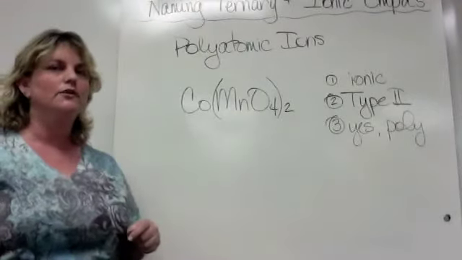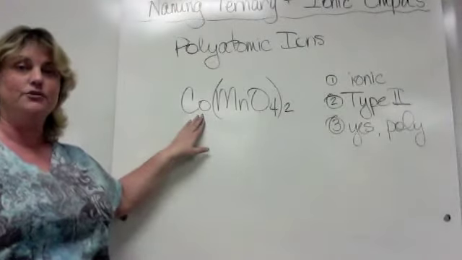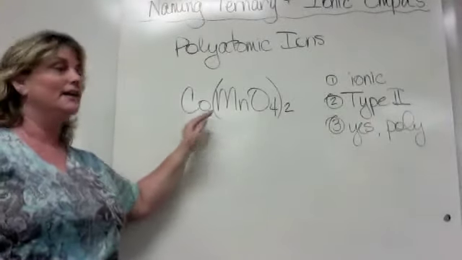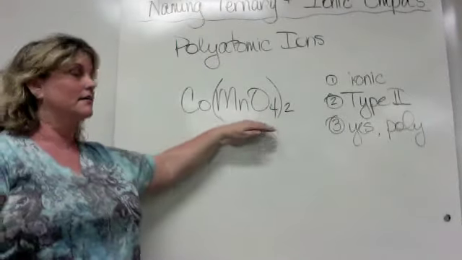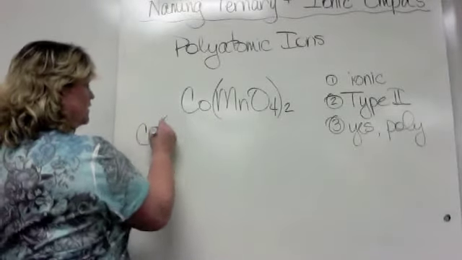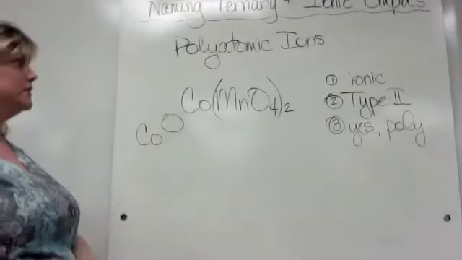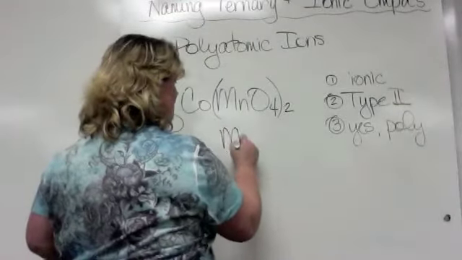We also know where to look for our charges, because remember, I can't name this guy until I know the charge. And the charge on it depends on the charge on the ion, the anion. So I have 1 cobalt, some unknown charge. And then I've got 2 of these MnO4s.